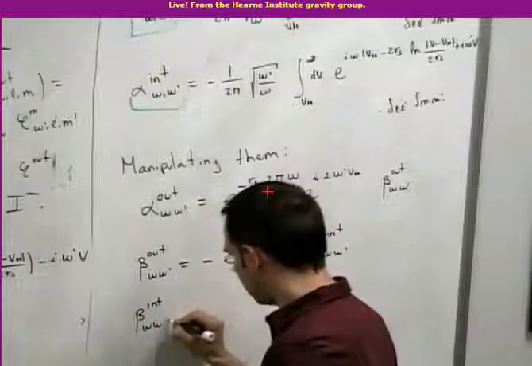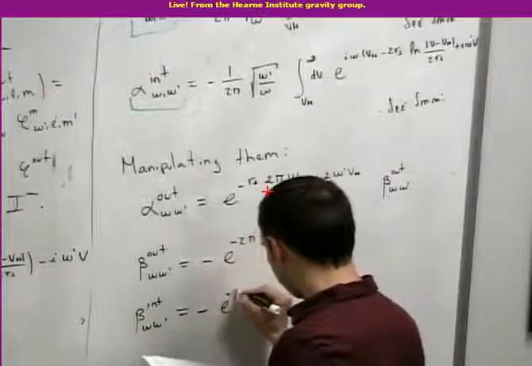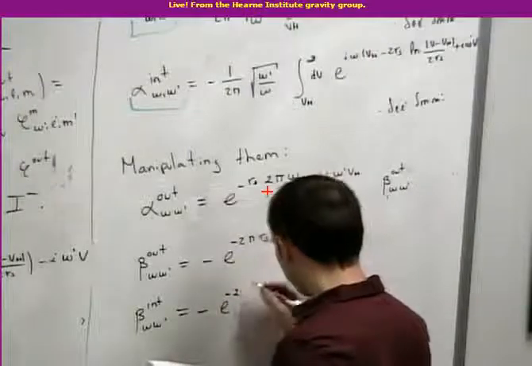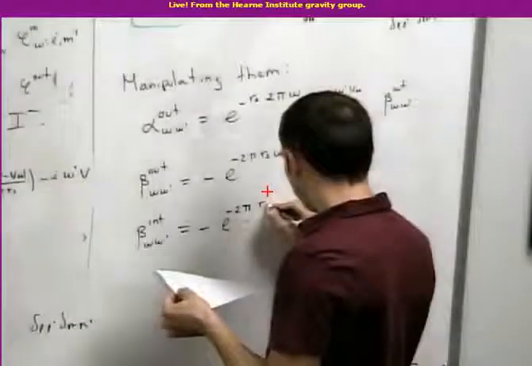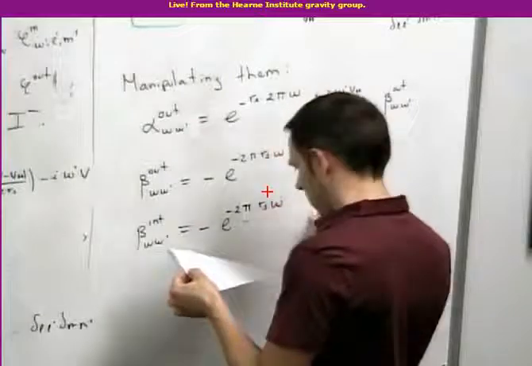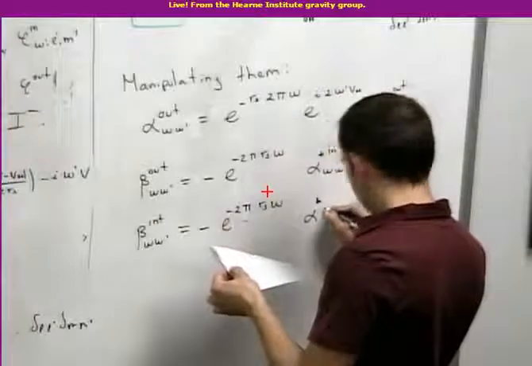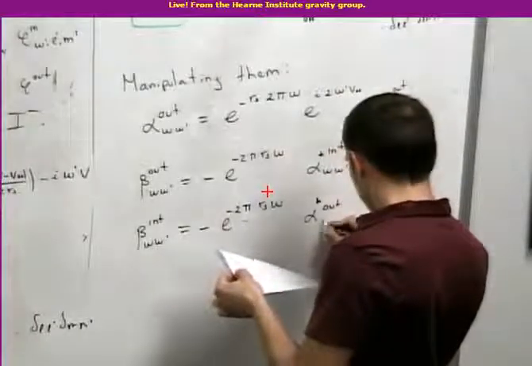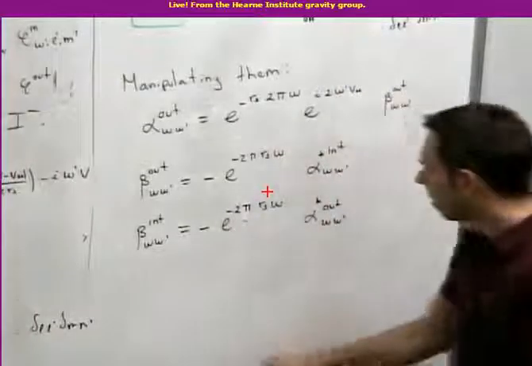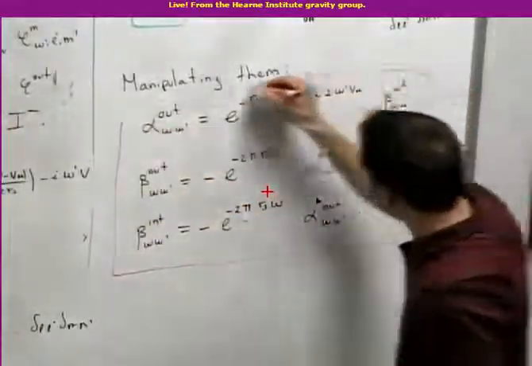In fact, these relations are identical to what we had in the Unruh effect, changing a couple of things. These are the relations that I wanted to do.